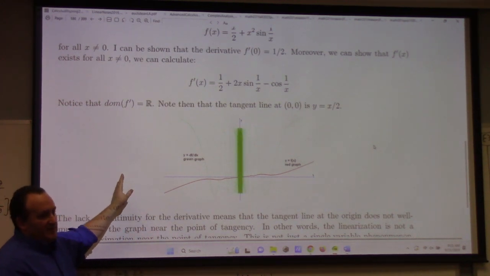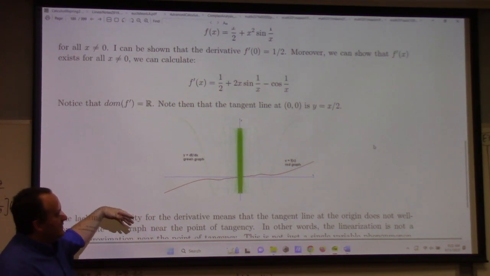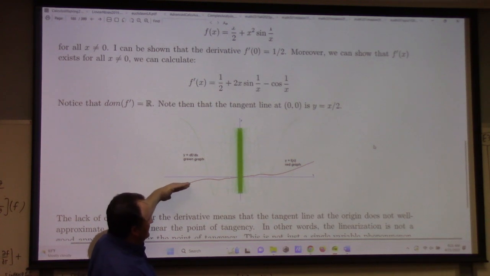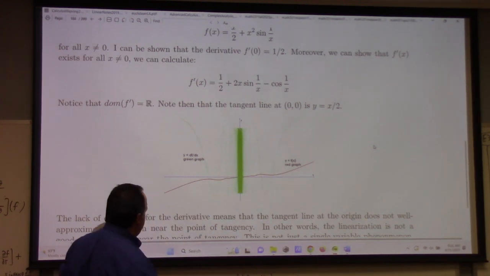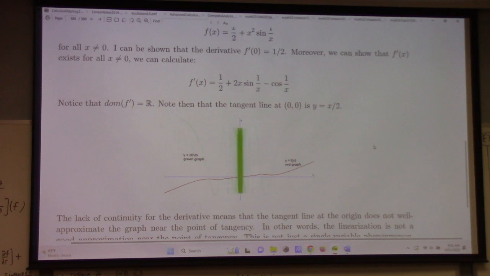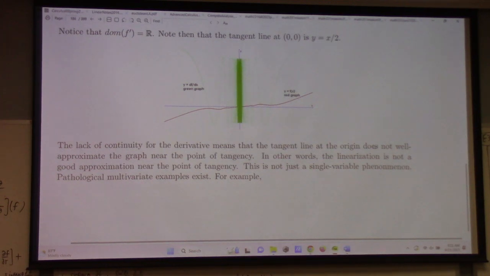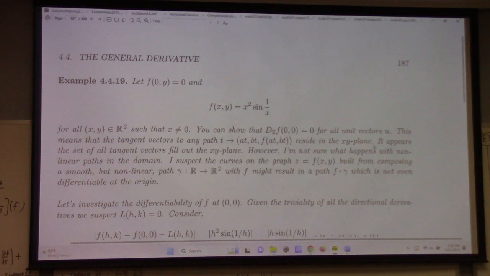The derivative itself is not continuous. So technically it has a tangent line there, but it's not a good approximation to the function. Some people would say the tangent line doesn't exist there. I guess there's kind of a point of debate there.